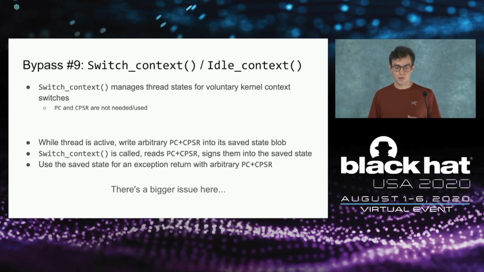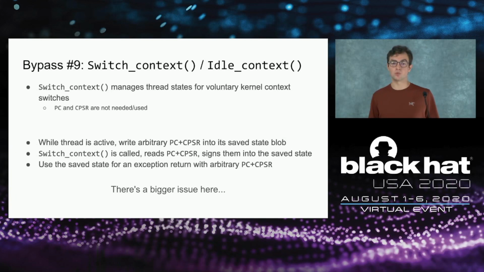Once again, switch context is responsible for managing thread states for voluntary kernel context switches. And because this is really doing voluntary context switches between kernel threads, that's the reason why these PC and CPSR registers aren't needed, and why this thing isn't fundamentally broken.